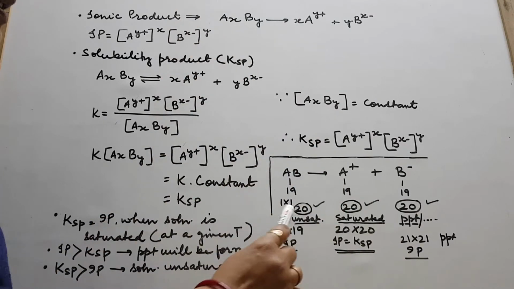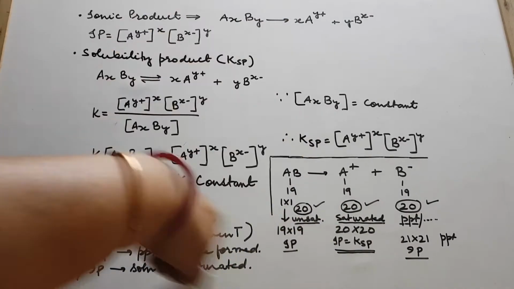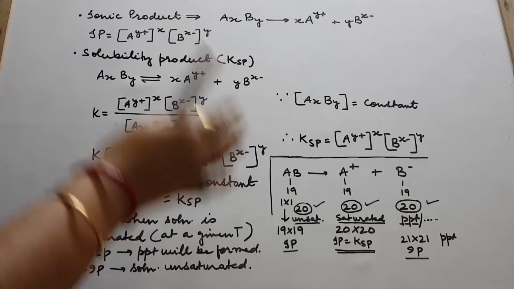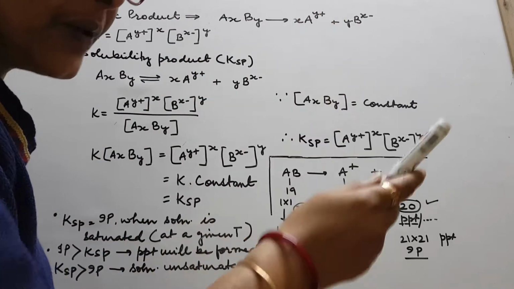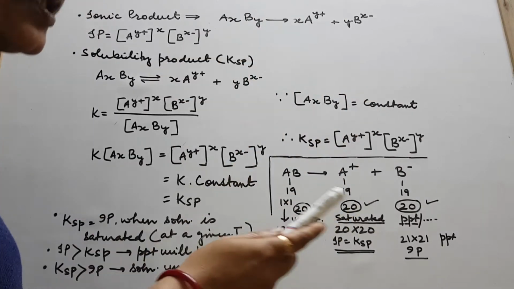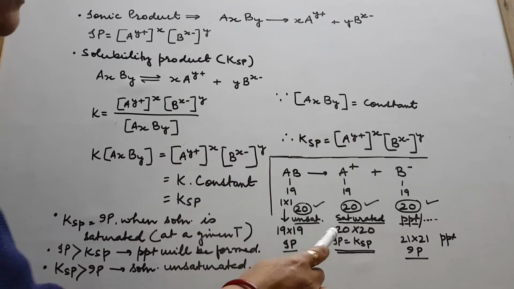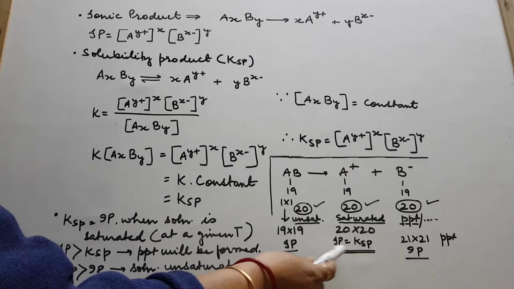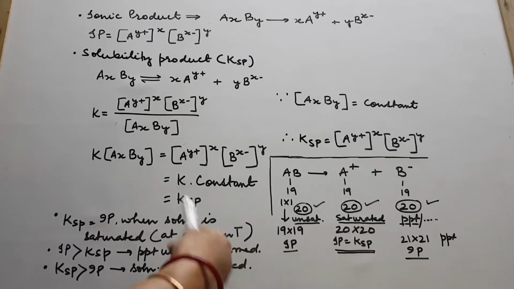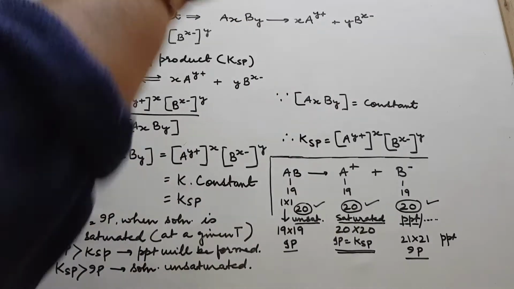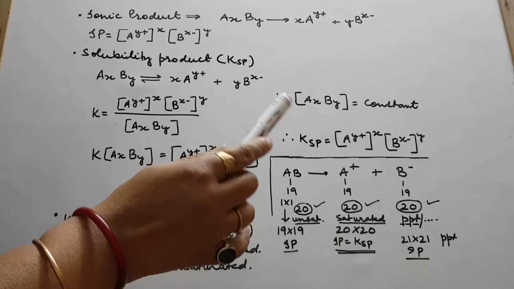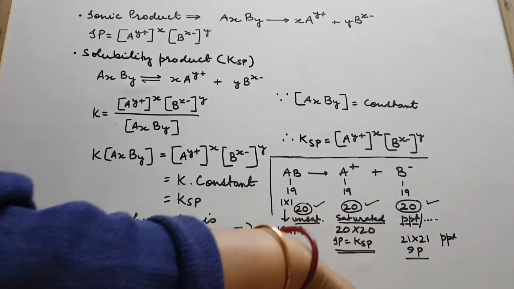So suppose it was the 20th mole, with lots of difficulty, and finally at that temperature, that was the last mole which could dissolve. So at that point of time, your IP is 20 into 20 because it got dissolved. When you put the 21st, you went on trying and trying, but it did not dissolve. Rather, it settled down.